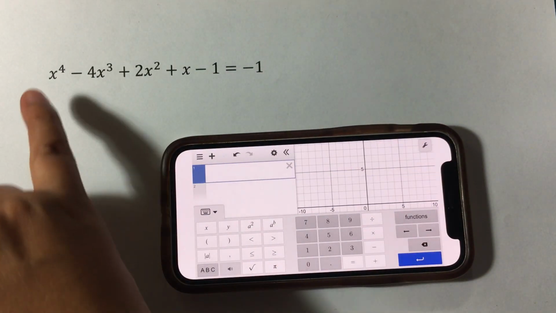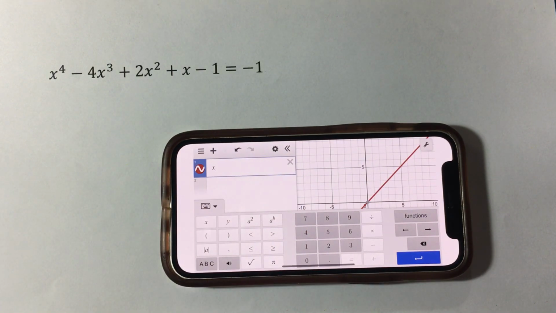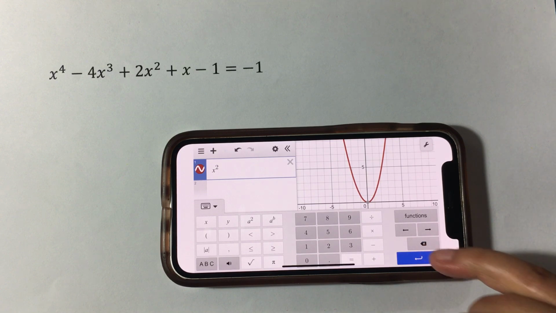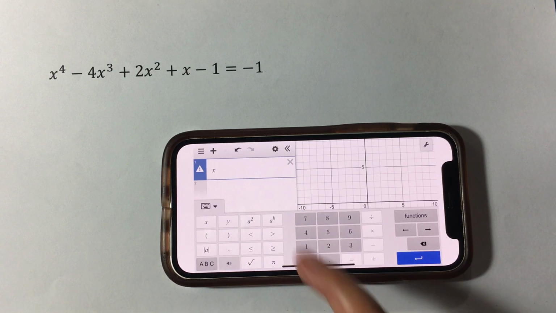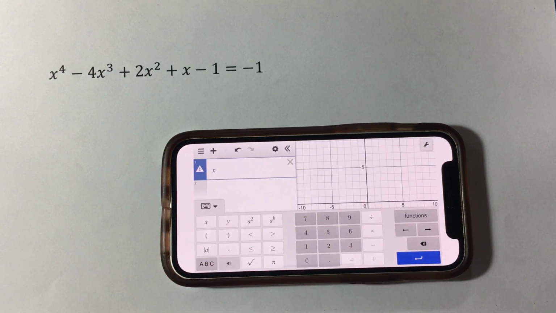So for this function right here, what we're going to do is just press x. You have x squared, which will automatically create a parabola, but that's not what we want. So let's go back. This is to erase whatever you write. We're going to use the a to the b power, and that brings it up to give an exponent.